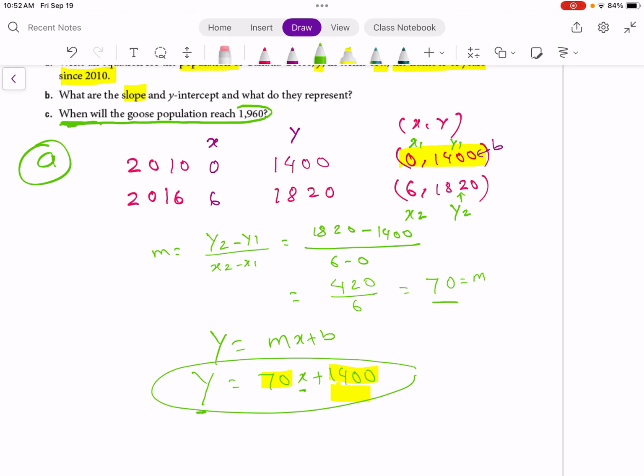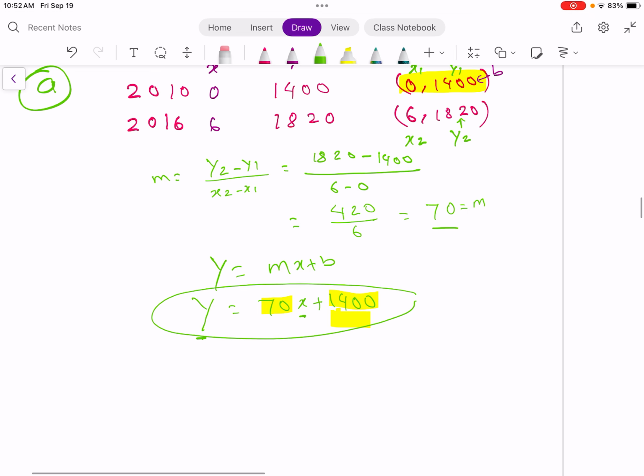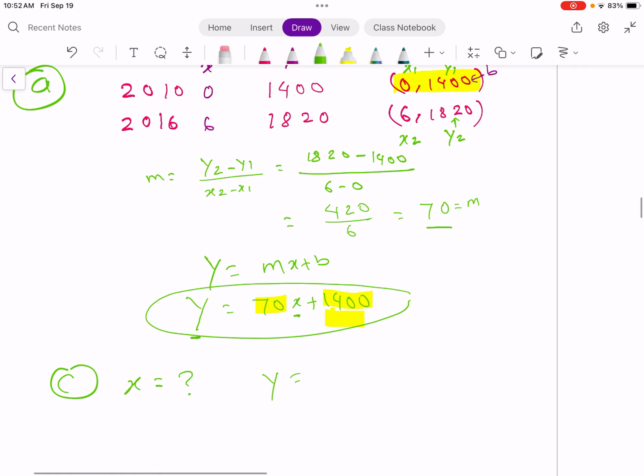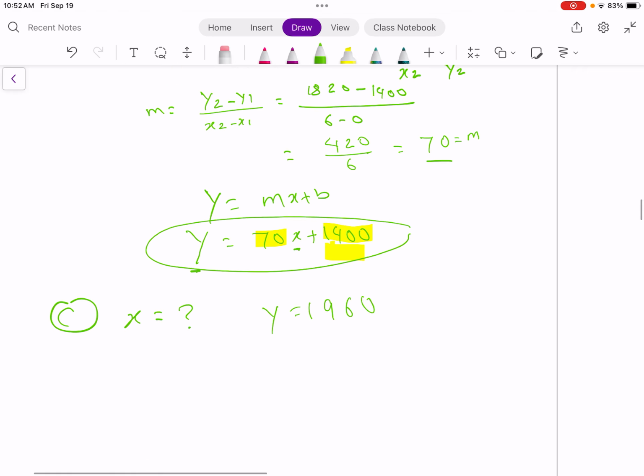Y is the number of geese, x is the number of years. So when means we are asked to find x. And this 1960 is the population, that is y. So y is 1960.